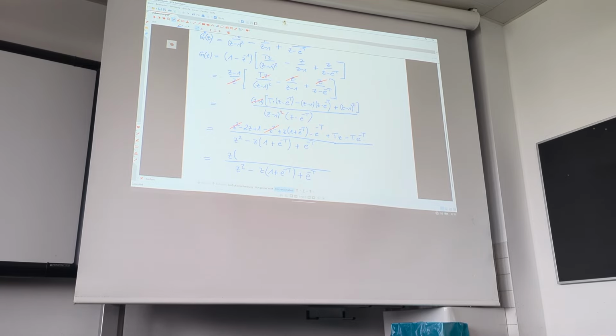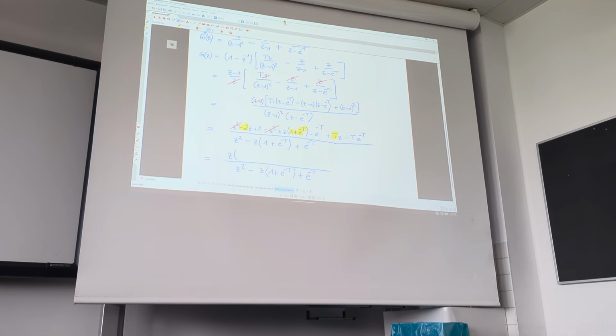And here we have, let's use yellow. Here, this one. So here we have minus 2. Then we have 1 plus e to the power of minus t.